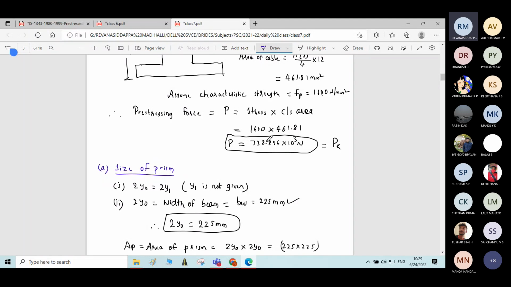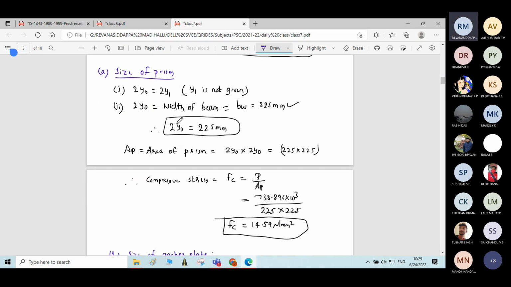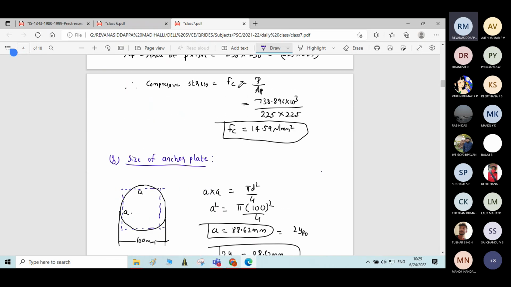Pre-stressing force. And you need to find this 2 y naught value and 2 yp naught value. Then the compressive stress, P by AP value.